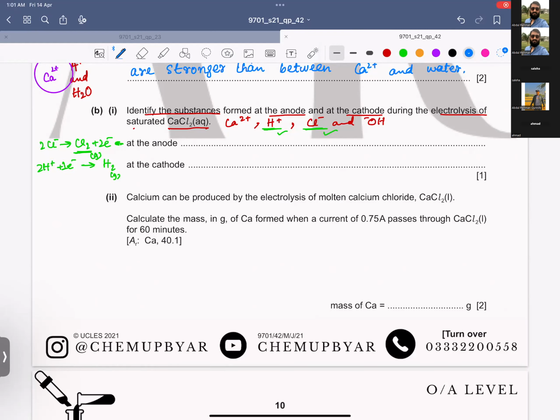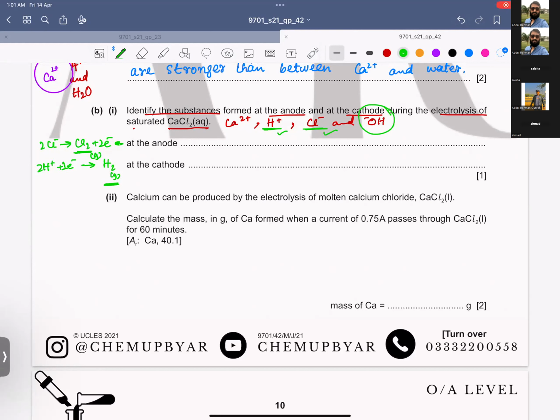Is this clear? Sir, if it is concentrated, then the anions' concentration will always be maximum, even more than hydroxide? Yes, that's why chloride goes. Right. Otherwise, if it's a dilute solution, then instead of chloride, hydroxide would undergo oxidation at the anode, forming oxygen gas.